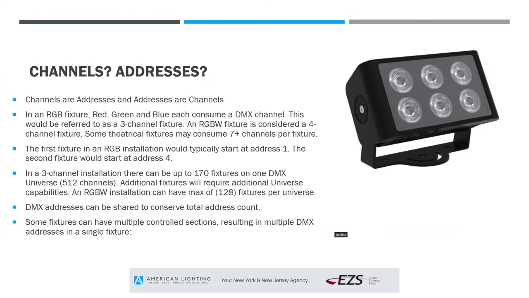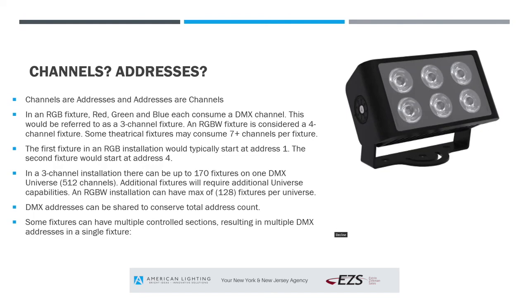So a universe allows you to handle 512 channels or addresses. Some controllers are a universe out of the box. Our controllers are 2 universes out of the box. Some controllers are half a universe out of the box.